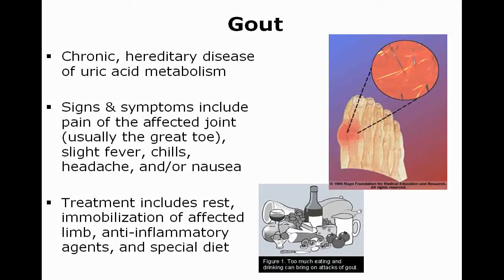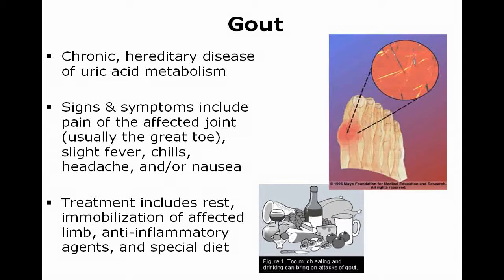I've got pictures of certain foods here. A person that eats and drinks these particular foods is more likely to have attacks of gout, if gout runs in their family and they've got that hereditary tendency towards it. Foods like red wines, certain cheeses, fish oils, all contribute to that buildup of the uric acid.